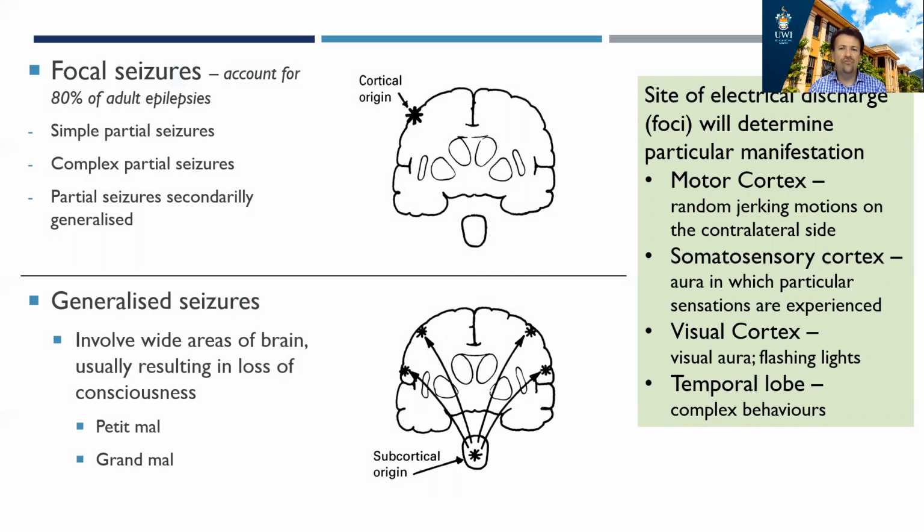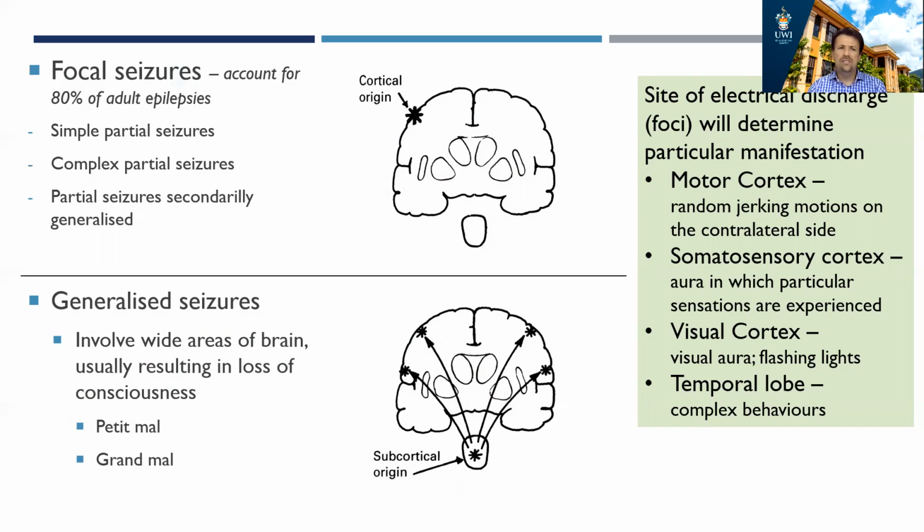If it occurs in the visual cortex, you might see flashing lights, or the patient might report a visual aura. If it occurs in the somatosensory cortex, they might talk about feeling sensations on their bodies. And so depending on the site of the seizure, it tells you where the lesion or the origin is.